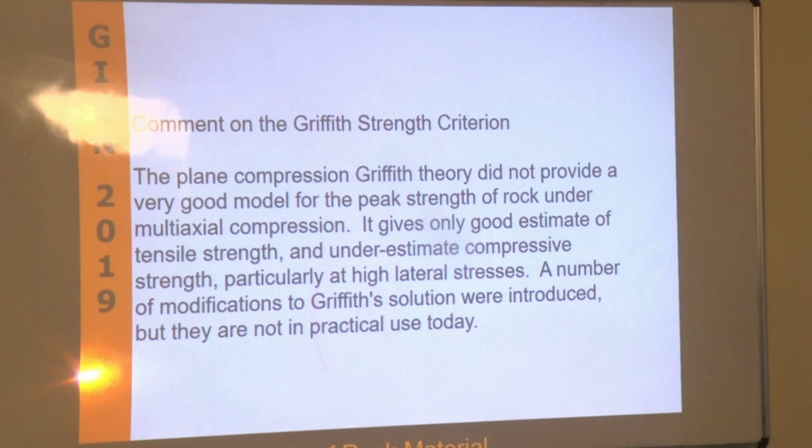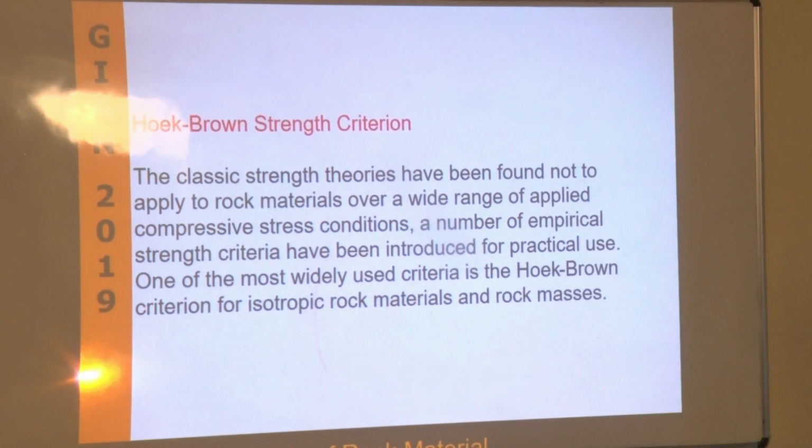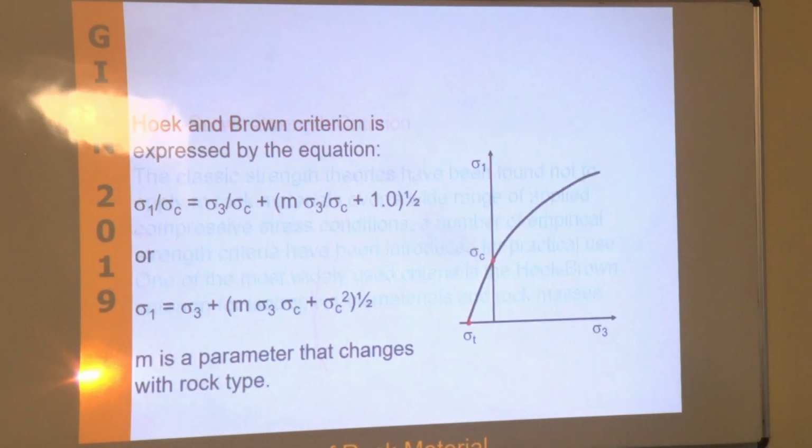So building on the Mohr-Coulomb approach and on Griffith theory, Hoek and Brown came up with a really empirical strength criterion that put everything together and appears to be something like that, with m being a function of the rock. What is the advantage of Hoek-Brown is that they extended this approach not just to the intact rock, but to the rock mass.